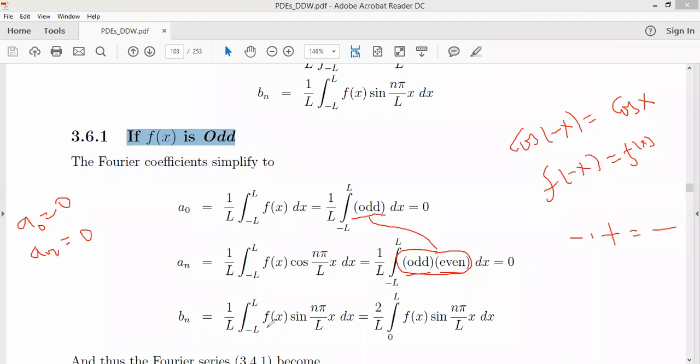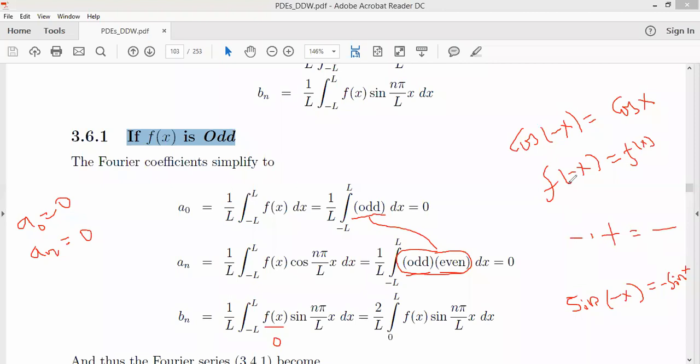We know that f(x) is odd, and of course, you know minus sine of any given angle, if I call it x or theta, this will be minus sine x. I hope this one is evidently clear to everyone.